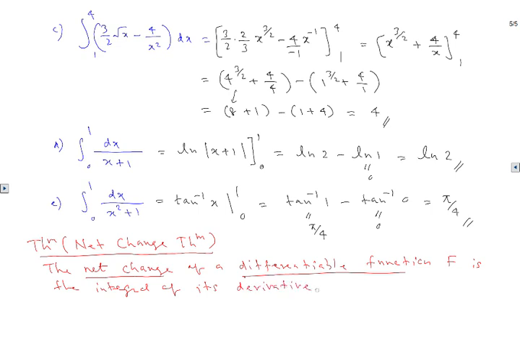We know that because if you integrate the derivative, you should get the function back. Is that right? So that means your net change is f(b) minus f(a). That's the net change of the function.